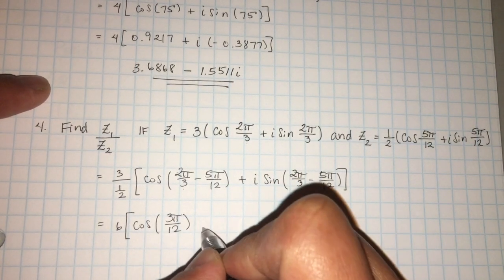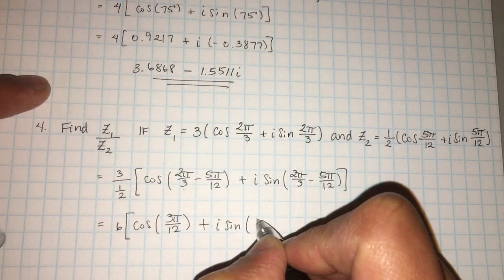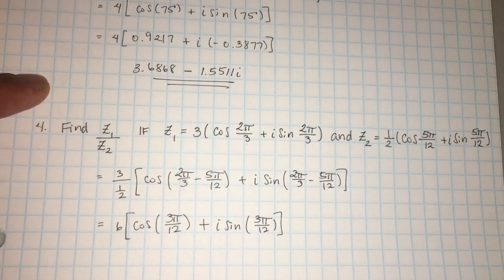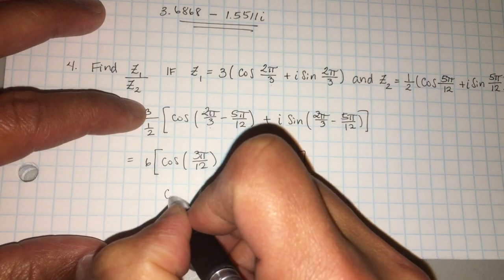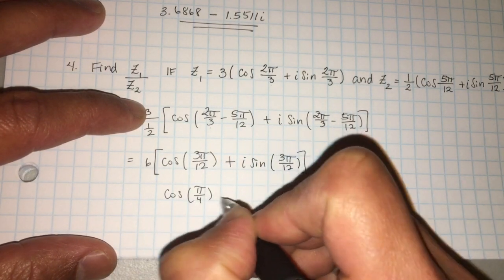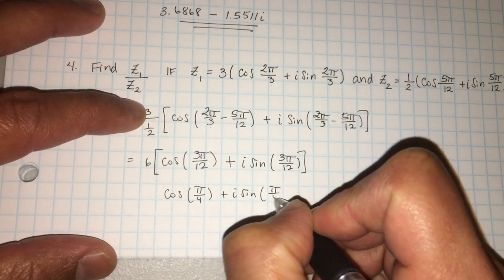Plus i sine, same thing over here, becomes 3 pi over 12. If I reduce it, that becomes pi over 4, plus i sine of pi over 4.